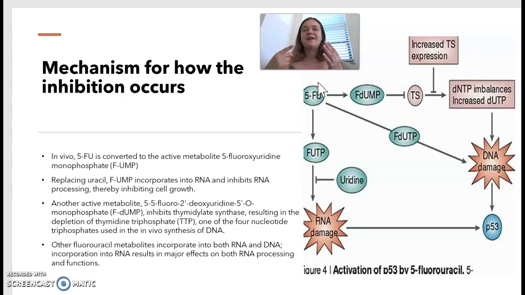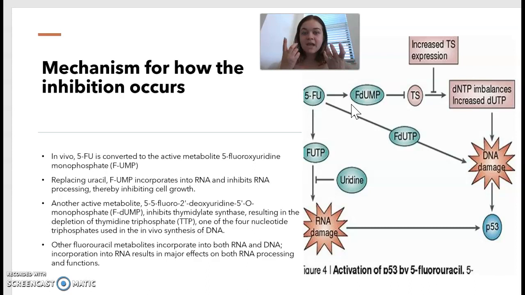It's incorporated into the RNA, and it inhibits RNA processing, which then we can't have any cell tumor growth. There's another active metabolite that we're going to see on this chart here, FDUMP. Once it's inside of the body, it inhibits that thymidylate synthase, resulting in depletion of TTP, which is one of the 4 nucleotide triphosphates used for the synthesis of DNA.